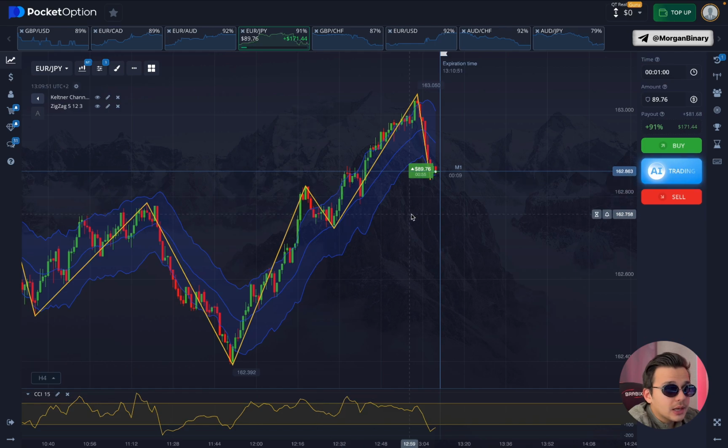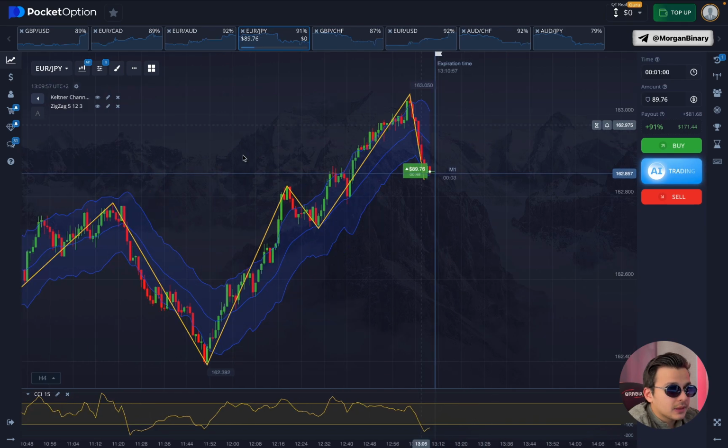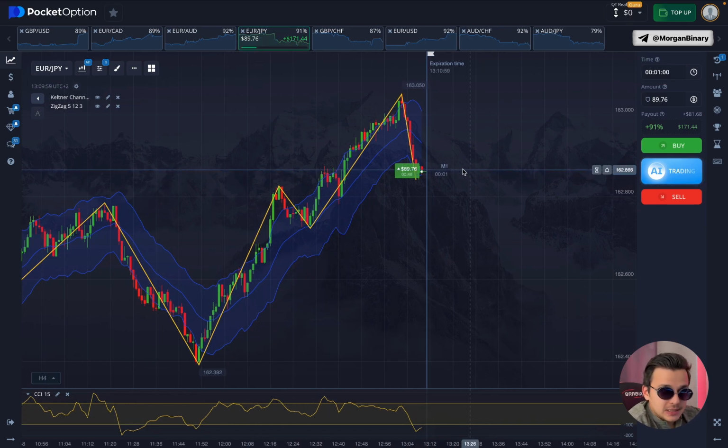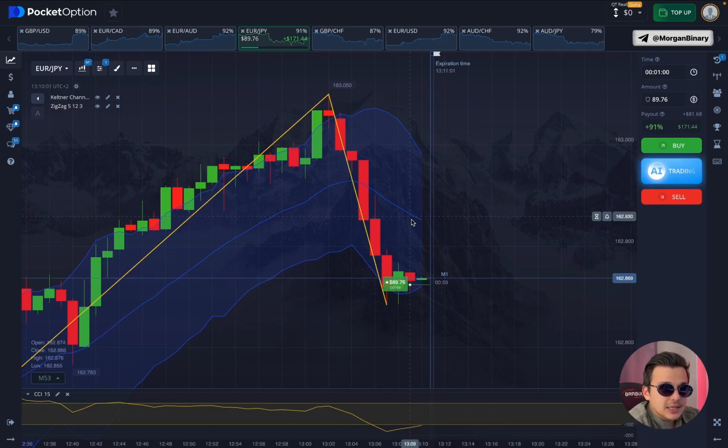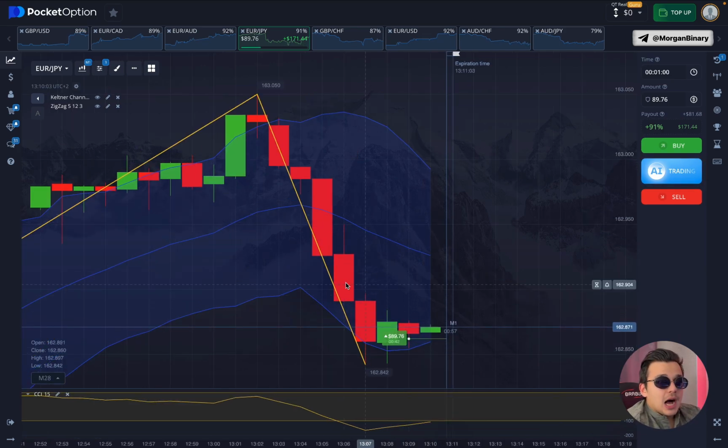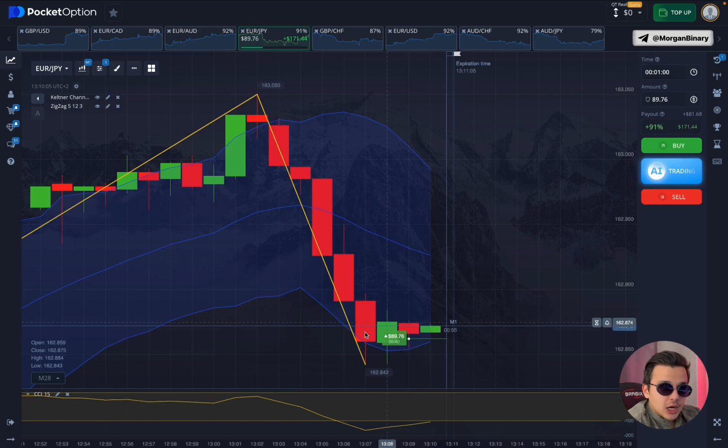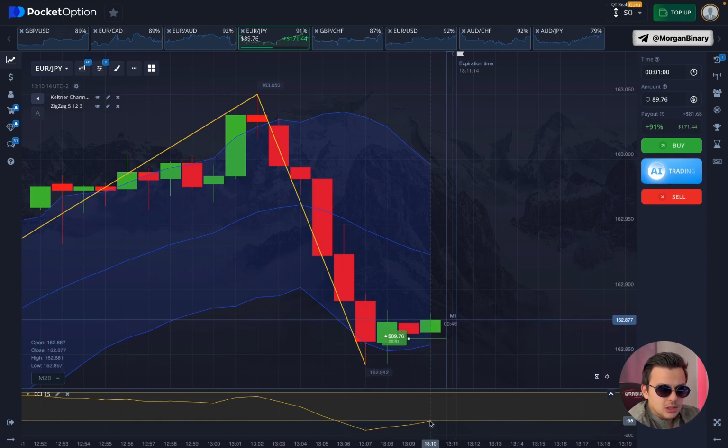I'll open a long position in line with the current trend. As with the previous trade, the price exits the outer channel, forming a new structural low according to the Zig Zag. The SSI is also leaving the oversold area, so all entry conditions are met. Let's wait for the result.